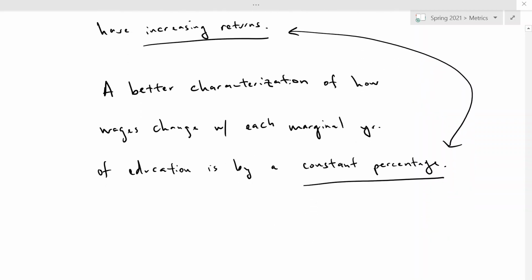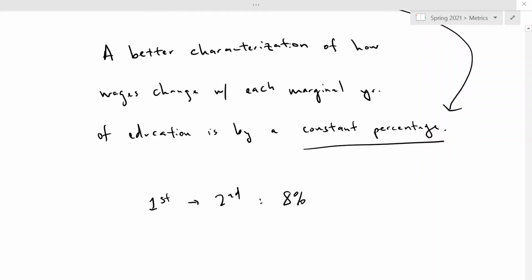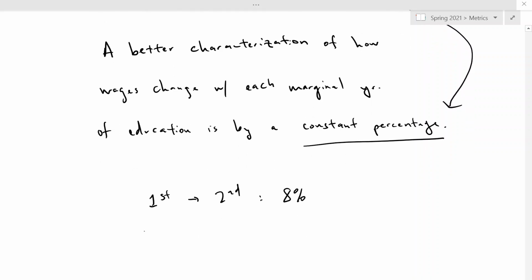So instead of thinking of going from first grade to second grade as plus 54 cents, we might think of it as increasing by 8%. And we could also think of going from the second year of law school to the third year as also 8%.